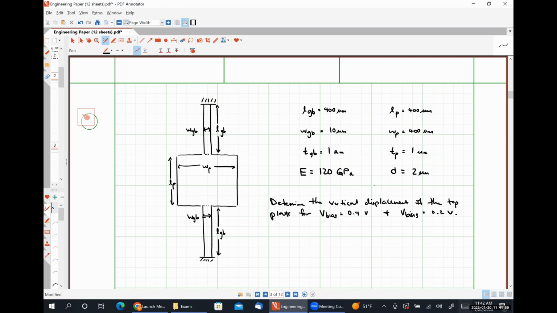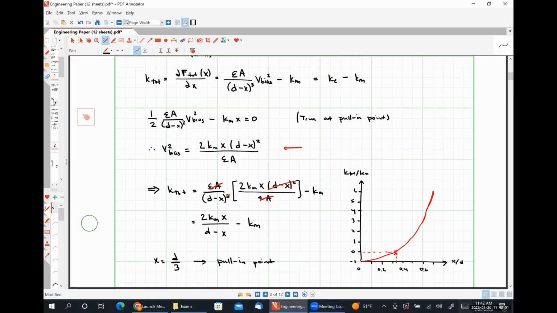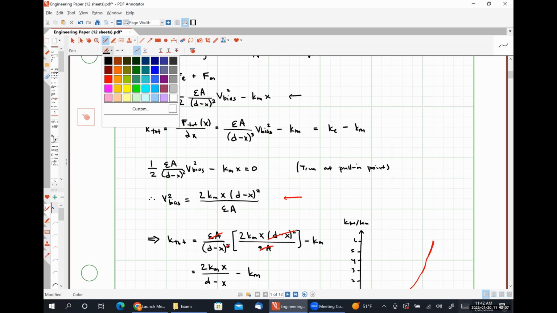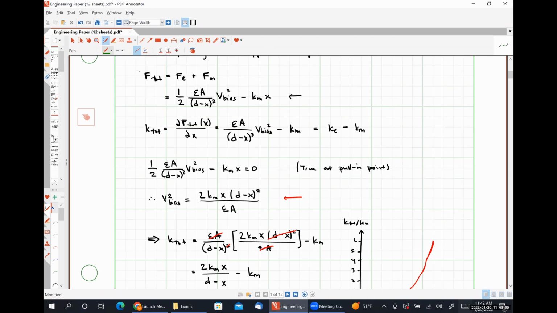Let me scroll back here so we can identify the equations that we're going to use. This equation right here relates our bias voltage to our plate displacement X in terms of quantities that we either know or know how to calculate. So this is the one that we are going to use and rearrange here.